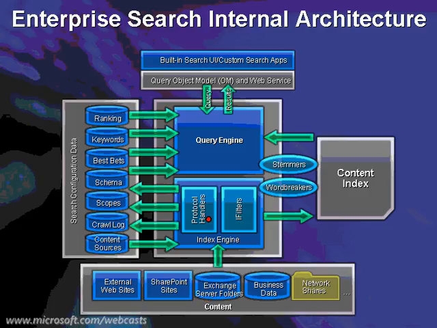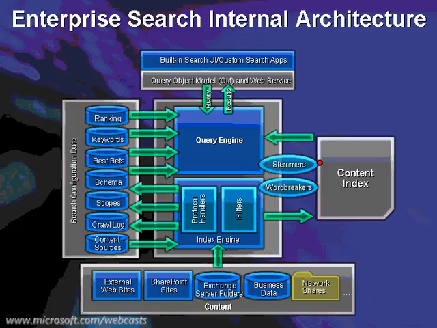The index engine with its protocol handlers and iFilters will crawl that data and then map and store all of that information in the search configuration database. And there's a number of tables within that that define it, as well as taking all of that content, breaking it, parsing it, and deploying it into the content indices or index, depending on how many servers you have in your farm, and if that gets propagated or not.